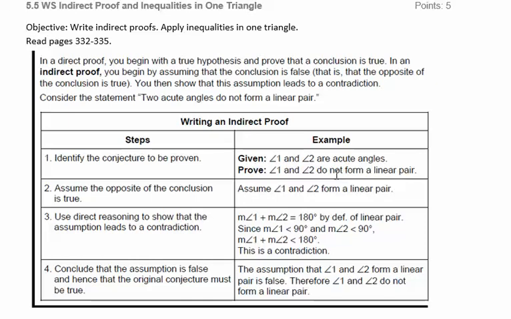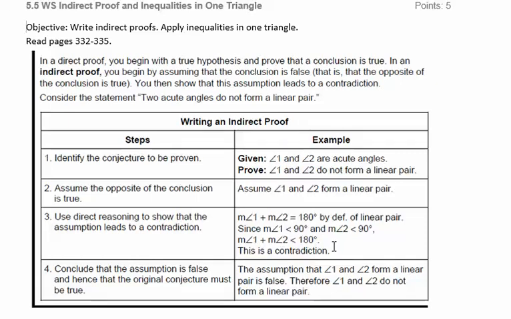Also, because we already said they're acute angles, both measures are less than 90. If you take a measure less than 90 and add it to a measure less than 90, you must get something less than 180. There's no way to equal 180. So this is our contradiction.